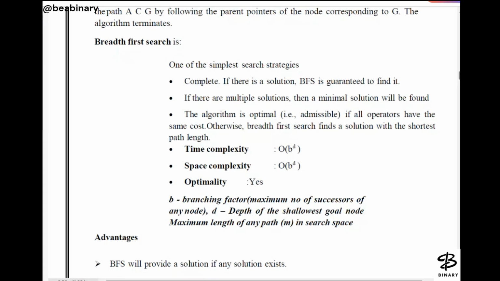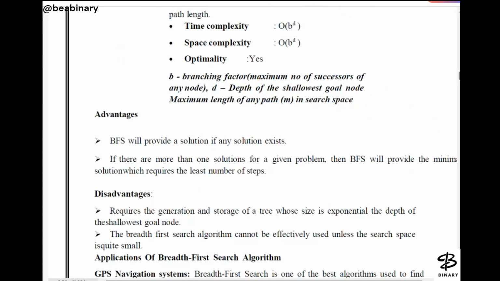Now, what are the advantages here? Breadth first search will provide a solution if any solution exists. So it defines the completeness. Another advantage: if there are more than one solutions, or simply you say the optimal solution can also be found in BFS. If there are more than one solutions for a given problem, then BFS will provide the minimal solution which requires the least number of steps.